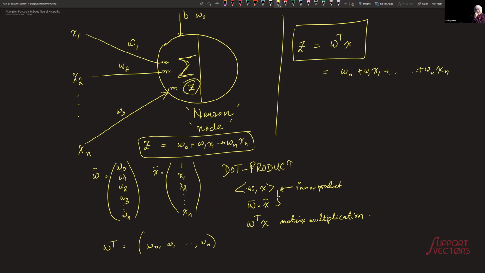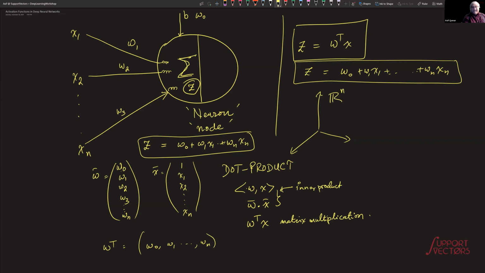Right? So this is hopefully a review of what we have done so far. Now, let's think of what it is doing. Your input feature space, let's say that you have 3 dimensions. So suppose this is your R to the N, right? This is your input feature space. And what Z is doing is using a mapping from Rn to R, because Z is a number.